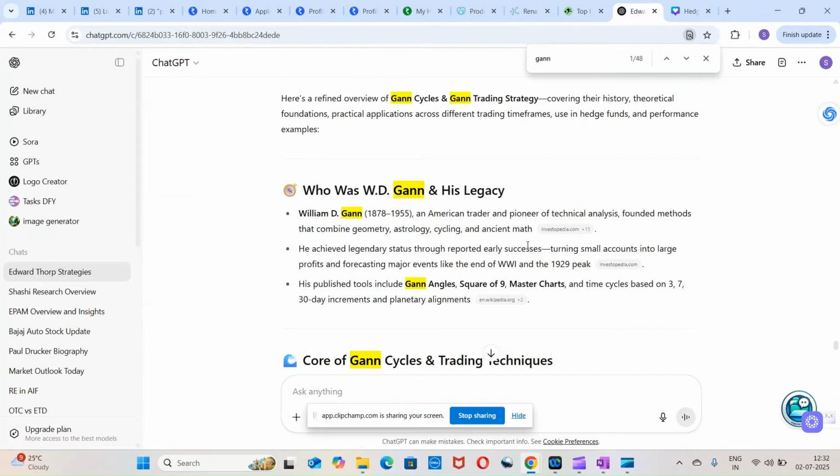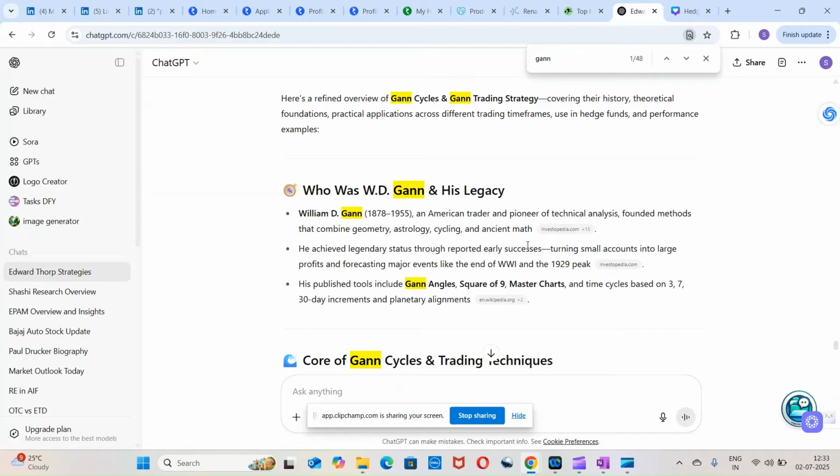So who was W.D. Gann and what is his legacy? William D. Gann, born in 1875 and lived till 1955, was an American trader and a pioneer of technical analysis. He founded methods that combine geometry, astrology, time cycles, and ancient math.